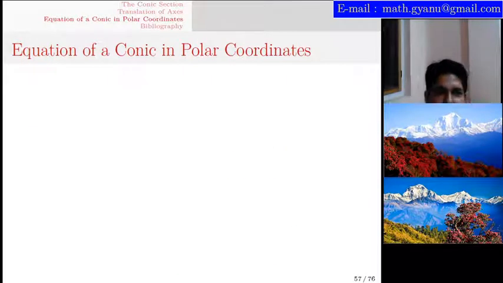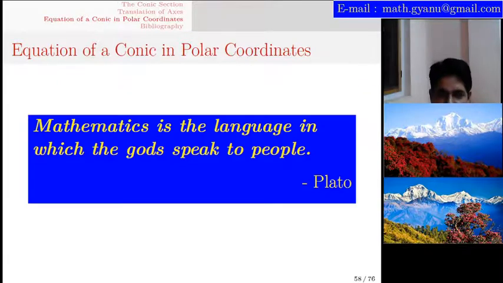Now, equation of a conic in polar coordinates. What will be the equation of a conic in polar coordinates? Remember, in unit 1 we talked about the coordinate systems: the rectangular coordinate system, the polar coordinate system, and the spherical and cylindrical coordinate systems too. Here the case is only for polar coordinates.